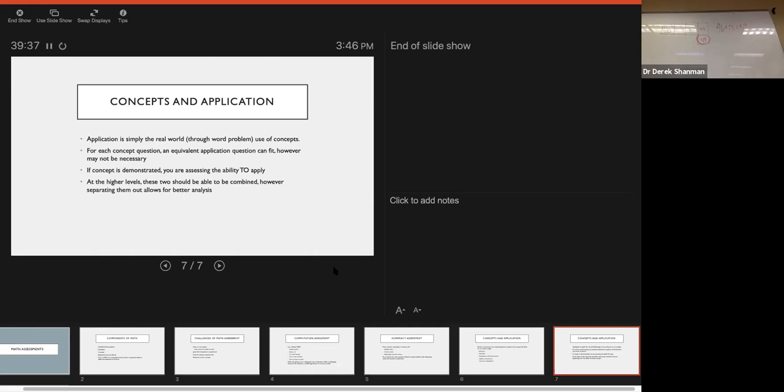So if something is wrong, you need to be able to say, yes, you did the right operation here, but you solved it incorrectly, and differentially score those things. But it is easier, or it can be done when you've controlled for things like reading comprehension and calculation to assess both of those simultaneously.